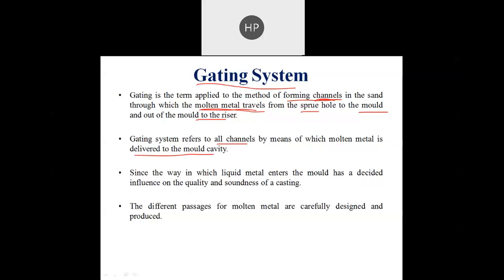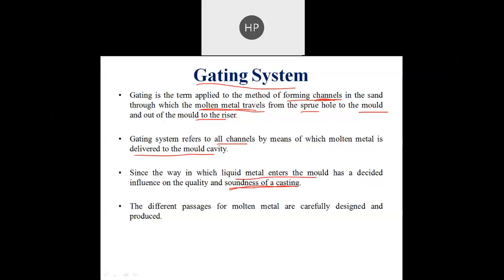The way in which liquid metal enters the mold has a decided influence on the quality and soundness of the casting. So this is very important, because the soundness of the casting means whether your casting is well prepared or not, whether your final product is good or has certain defects. It is decided by how the molten metal enters into the mold.